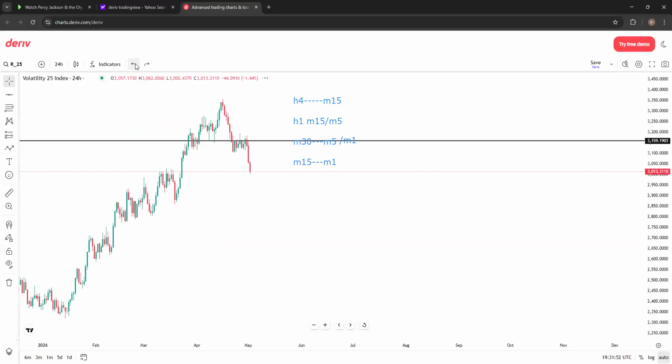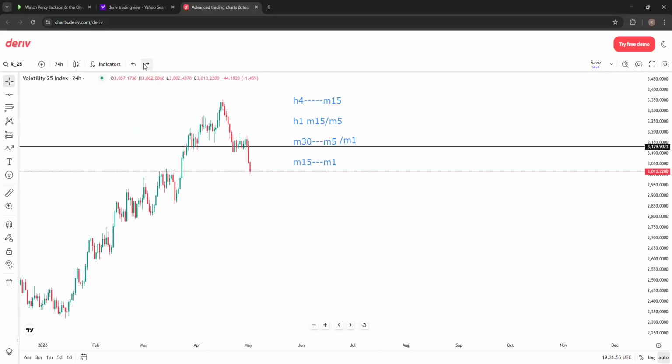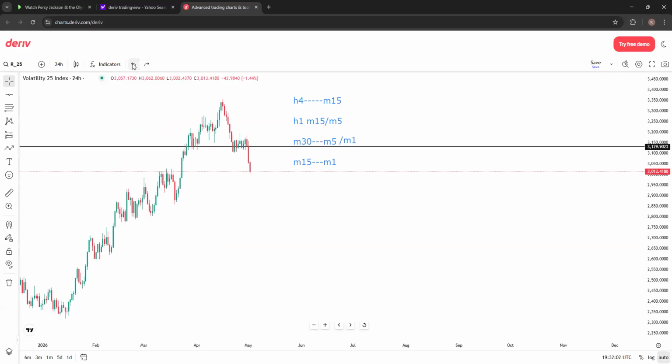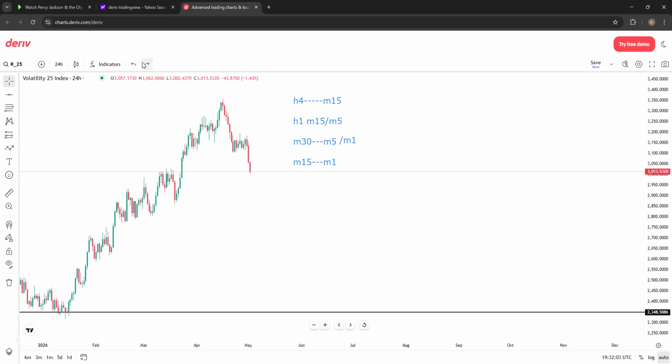We want to use a fib, right? We want to use our discount and premium levels. We want to clearly show where we are expecting price to reach, and then turn around.